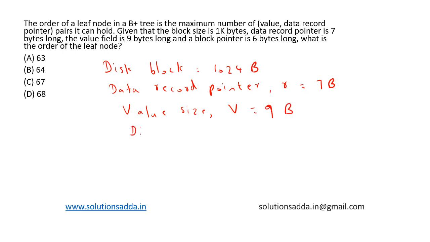And disk block pointer P equal to 6 bytes. Let order of leaf be M. A leaf node in a B plus tree contains at most M record pointers, at most M values and one disk block pointer.